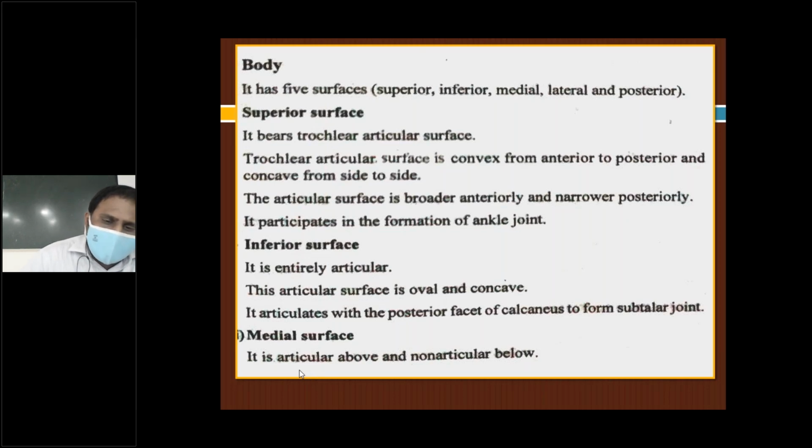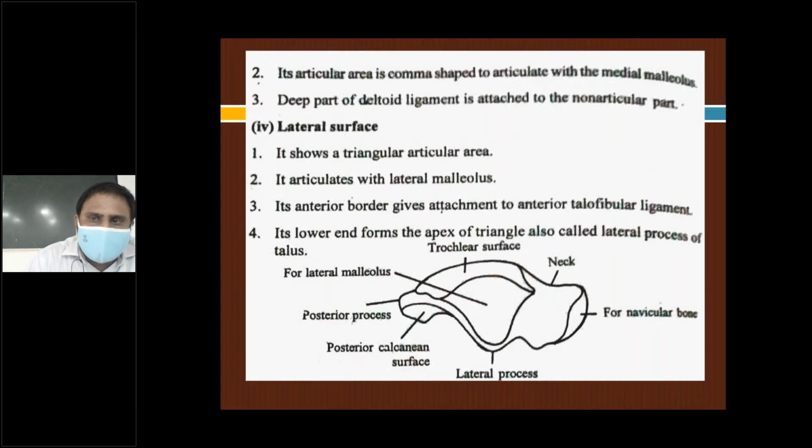The medial surface is articular above and non-articular below. The articular area is comma-shaped and articulates with the medial malleolus, and the deep part of the deltoid ligament attaches to the non-articular part.